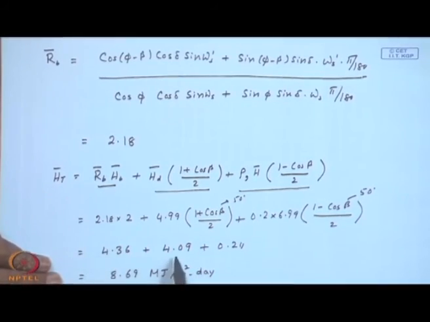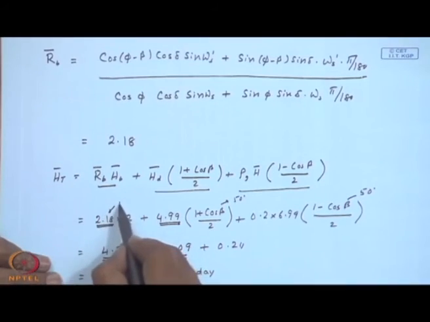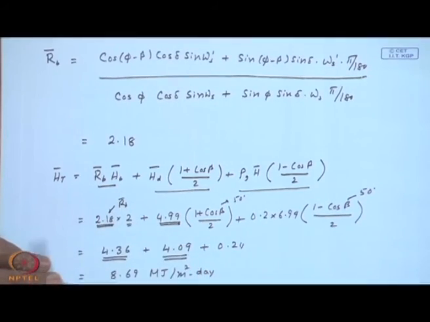If you see, the diffuse component contribution is as much as the direct radiation contribution. Though the direct radiation is rather low and diffuse radiation is rather high, you have got a large R b bar in winter months.